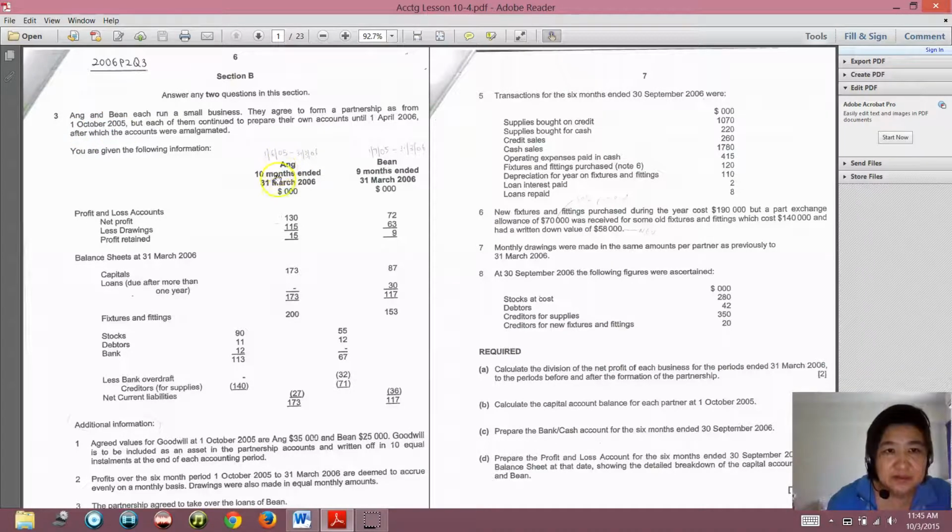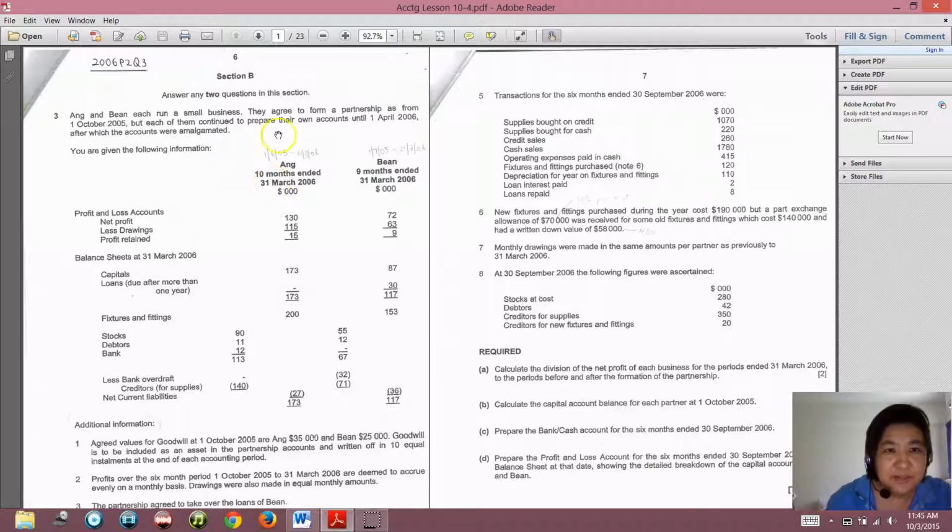So that means this one 10 months to 31st March 2006. If you calculate, March, February, January, December, November, October, so that means the 10 months actually means from 1st June 2005 to 31st March 2006.